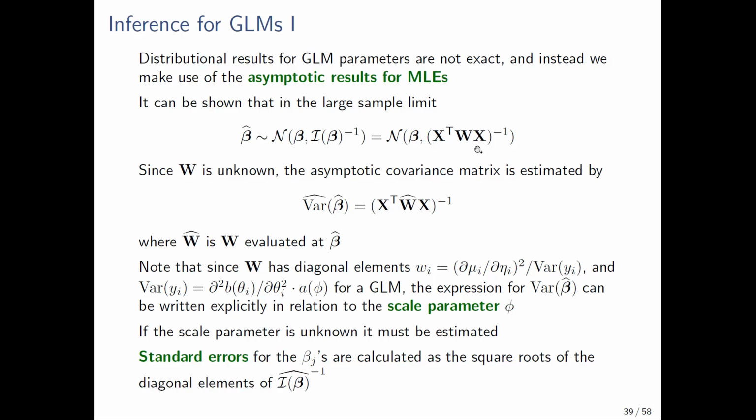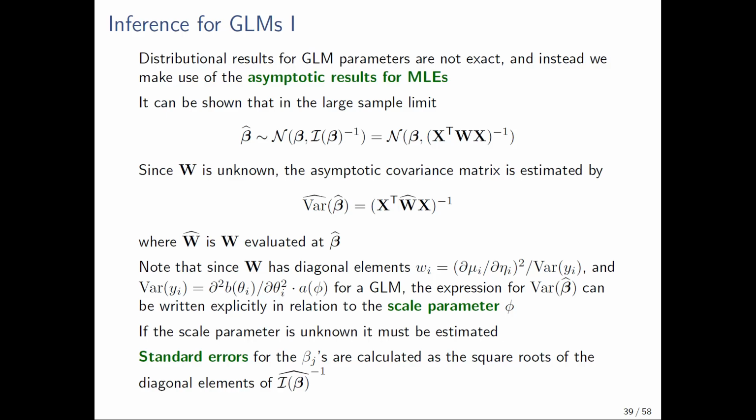So it can be shown that in the large sample limit, beta hat is normally distributed around the true beta, with covariance given by the inverse Fisher information, which for a GLM takes the form X transpose W X inverse, with W the diagonal weight matrix we met in the Fisher scoring algorithm. So it takes that form there.